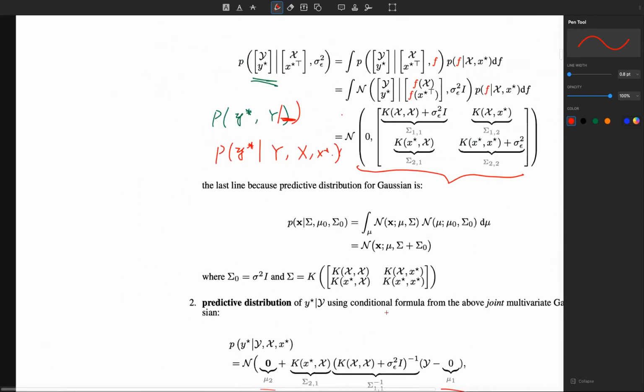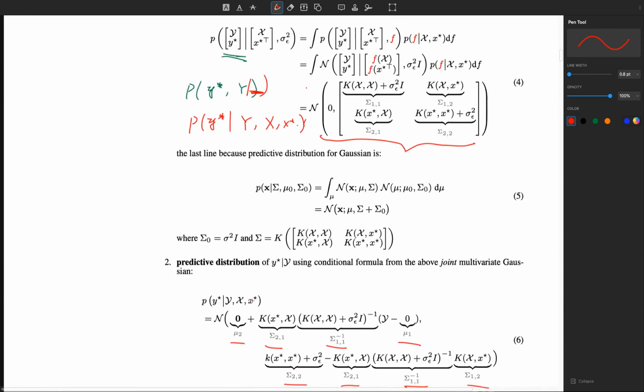All I'm doing now is pattern matching. I'm putting mu2, which is 0, and mu1, that's also 0. And sigma 21 is this part; by the way, sigma 21 is just the transpose of sigma 12. What should the size be?